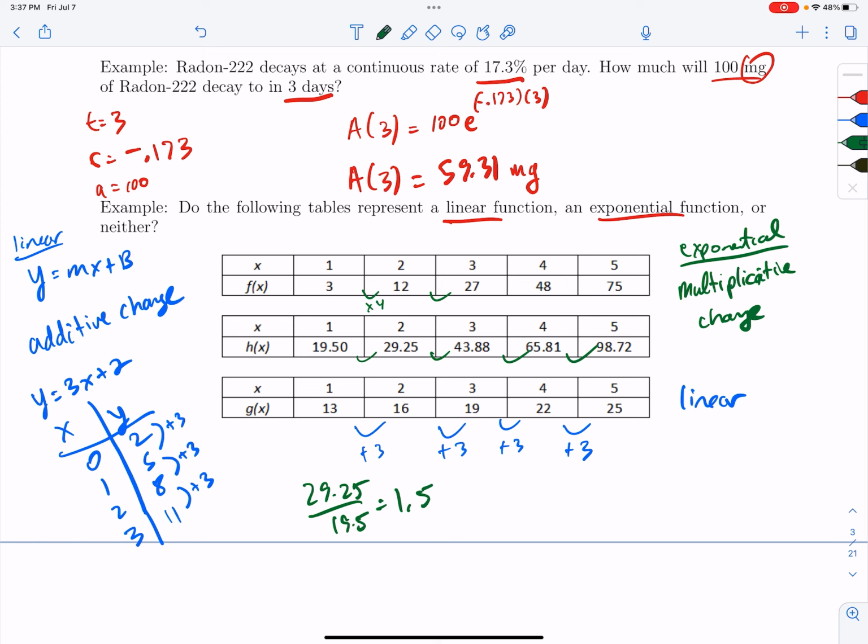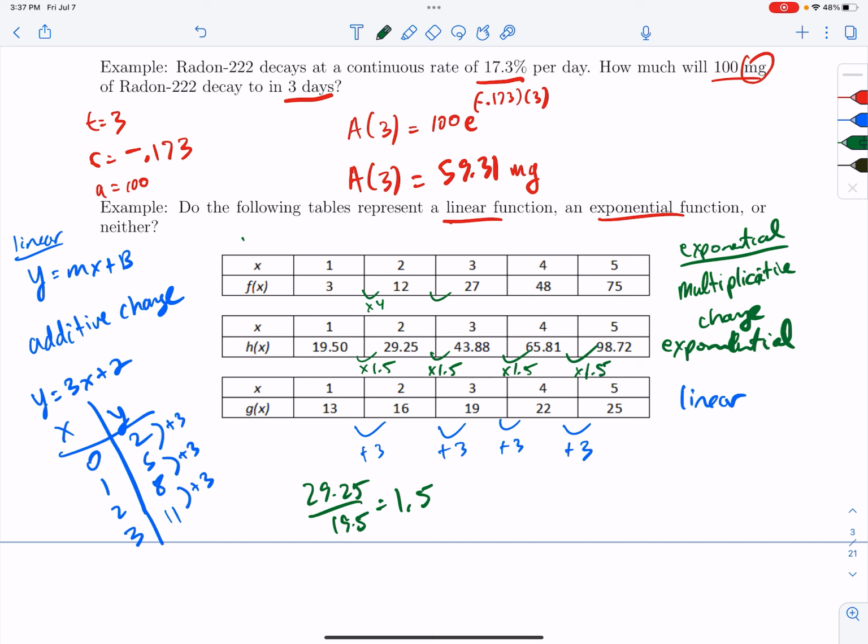So 1.5 times 29.25 is 43.875 or 43.88. 43.88 times 1.5, 65.82. Yeah, there's a little bit of rounding going on, but I'm pretty confident that that is the same thing. So this is getting multiplied by 1.5 each step. So we would say that this one is exponential.